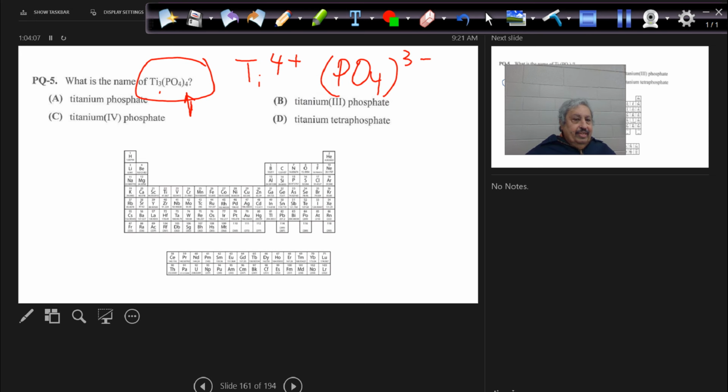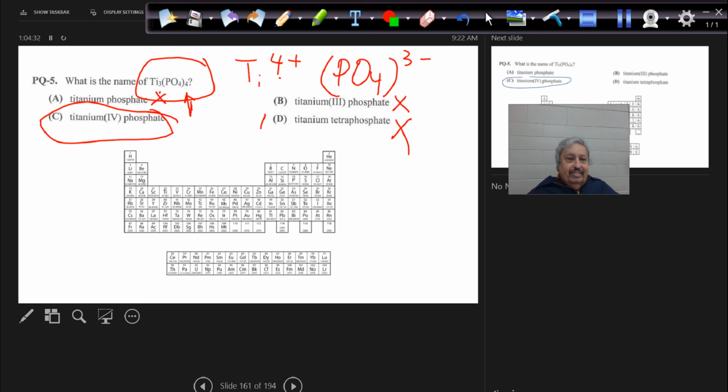So it will be titanium what? 4 phosphate. Titanium, this is number 4 phosphate. So the 3 is not correct. Titanium tetraphosphate is not correct. Titanium phosphate is not correct. The answer is C.